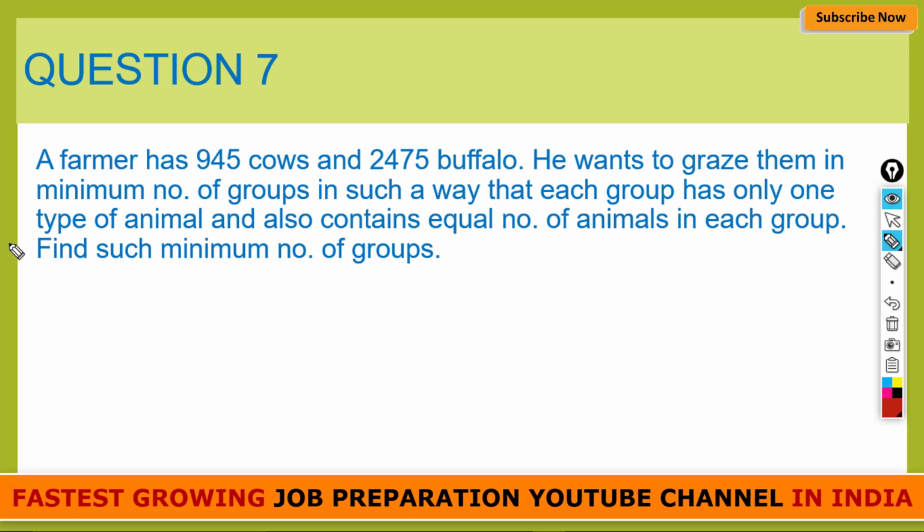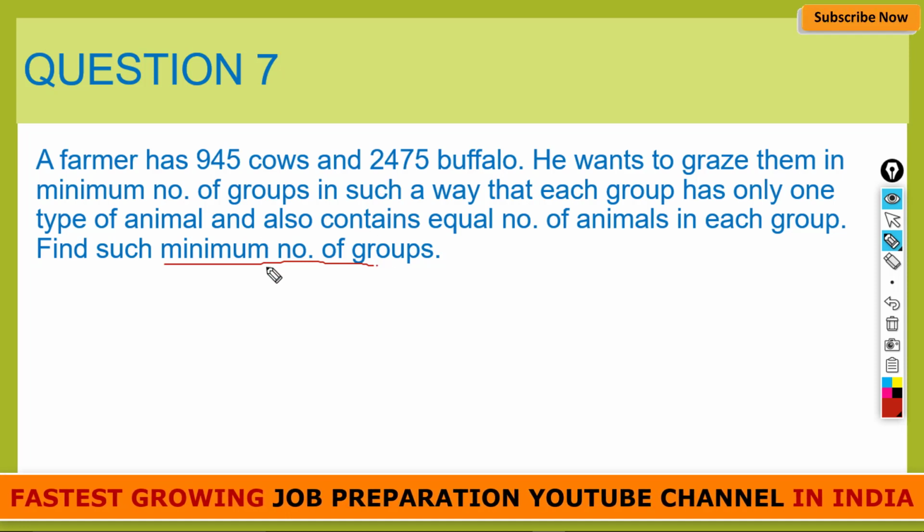Find such minimum number of groups. So how do we approach this sum? You have to find the minimum number of groups, which means you have to put the maximum number of animals in each group. That means the highest common factor.